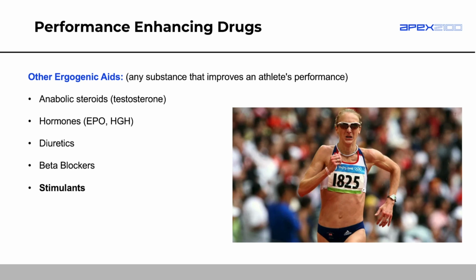But athletes might like to use stimulants to enhance endurance, reduce fatigue, and improve reaction time. But there are potential side effects to consider there as well. Things like increased heart rate, anxiety, jitteriness, insomnia, and in extreme cases might cause cardiovascular complications as well.